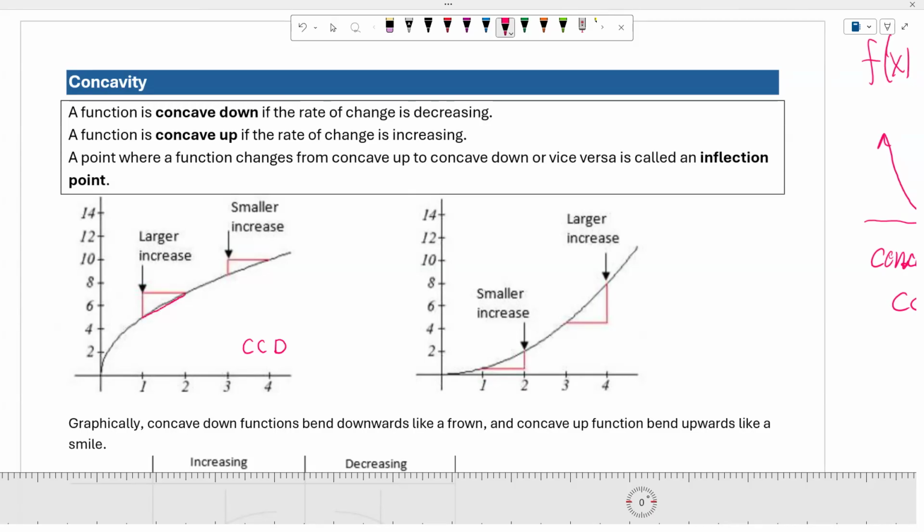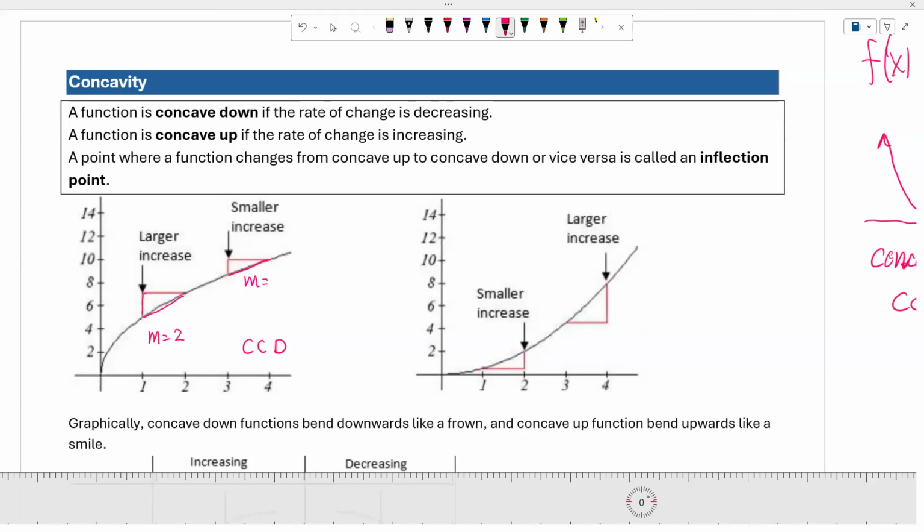Now look at the slope of, for example, the secant line between x equal to 1 and x equal to 2. We go up by 2 units and 1 by 1, so it is about 2. Then how about the slope of the secant line between 3 and 4?